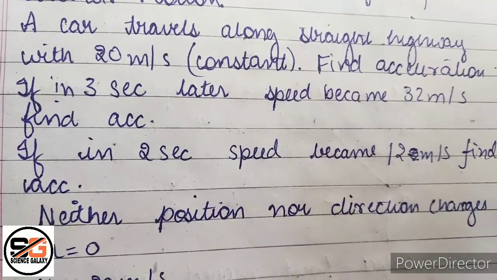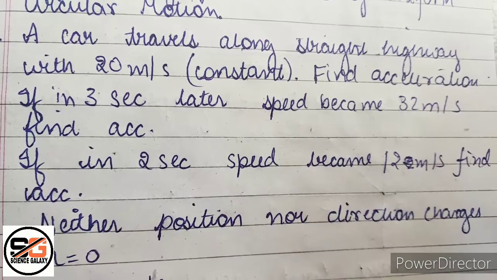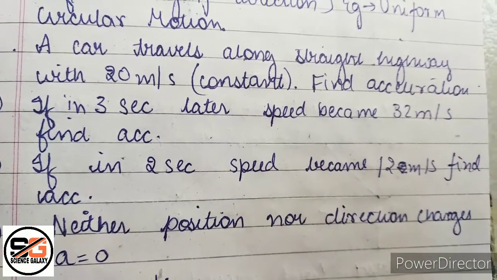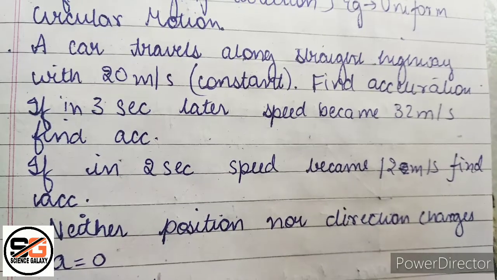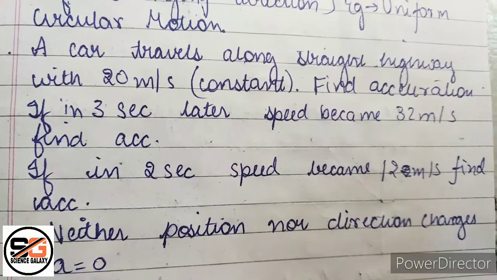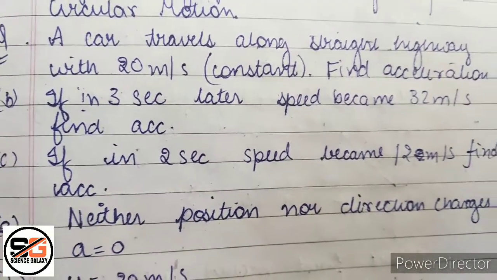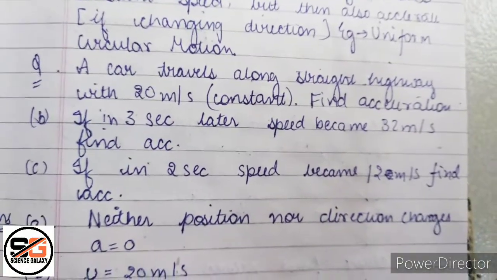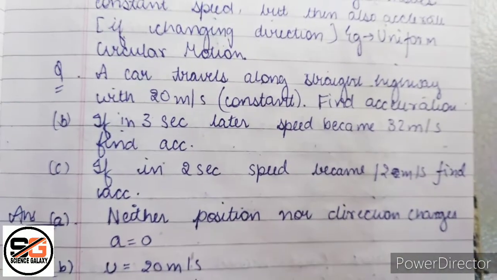So now the acceleration is 0. If a car moves along a straight highway, it does not change its direction, and with a constant speed, it does not change its magnitude, then the acceleration would be 0. If either the magnitude or the direction changes, then the acceleration would not come out to be 0.